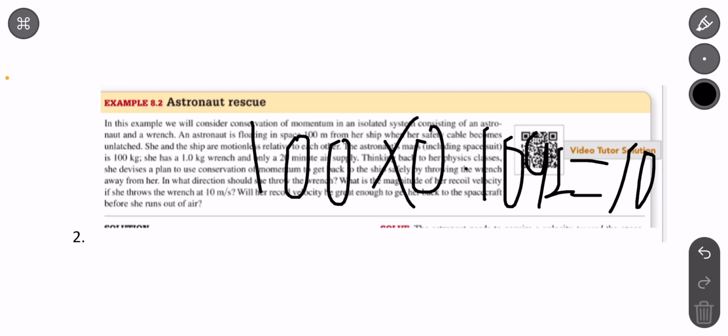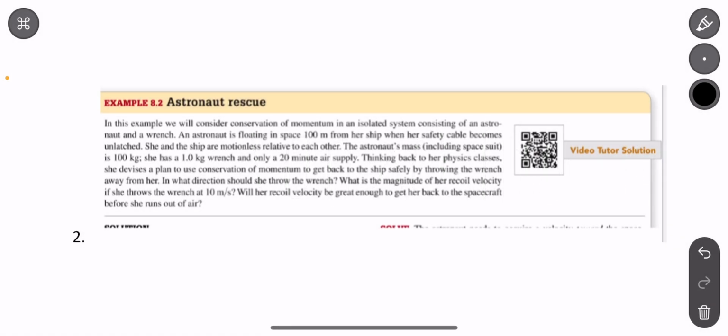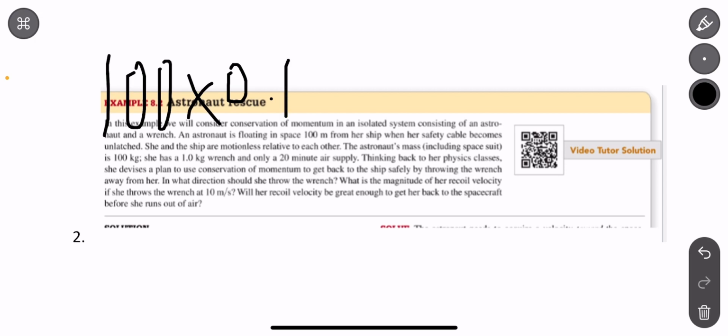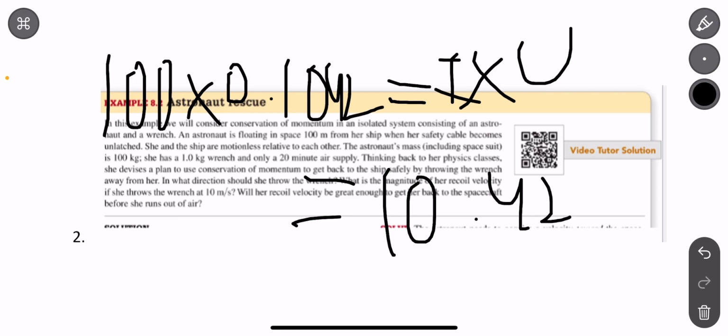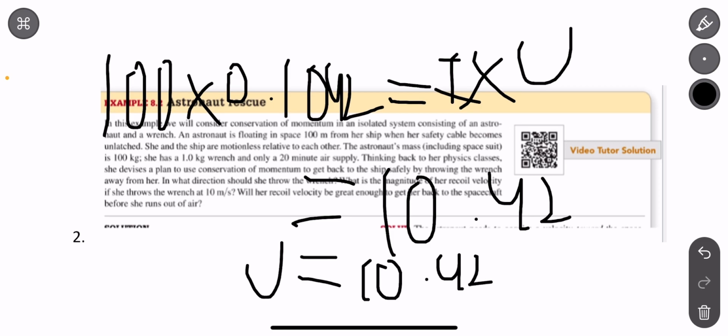Basically, let me rewrite this. 100 times 0.1042. So we're going to have the x and the u and this, right? And after we do algebra, we're going to be left with 10.42, and then u is going to be 10.42 meters per second.